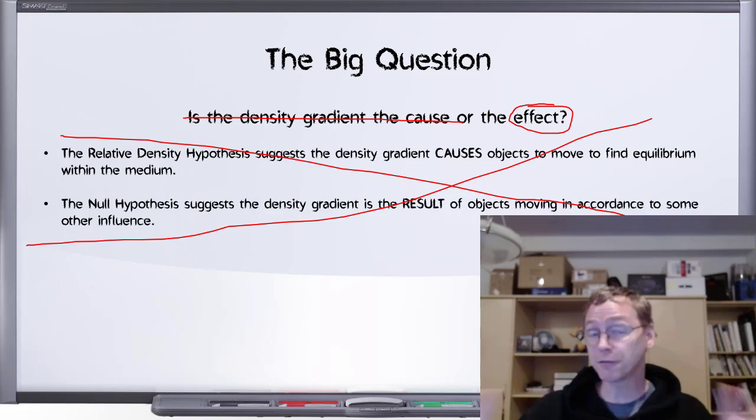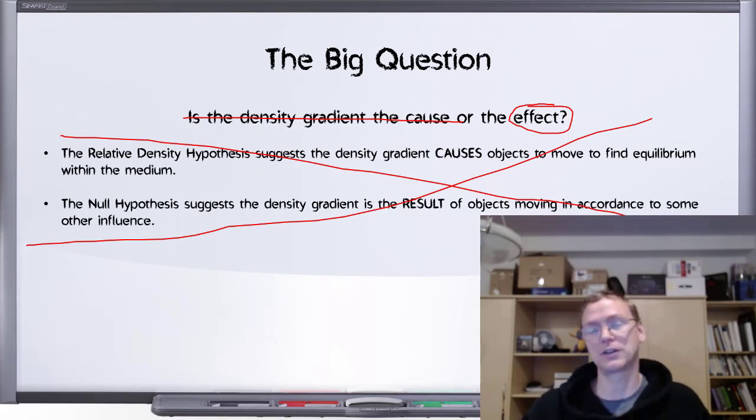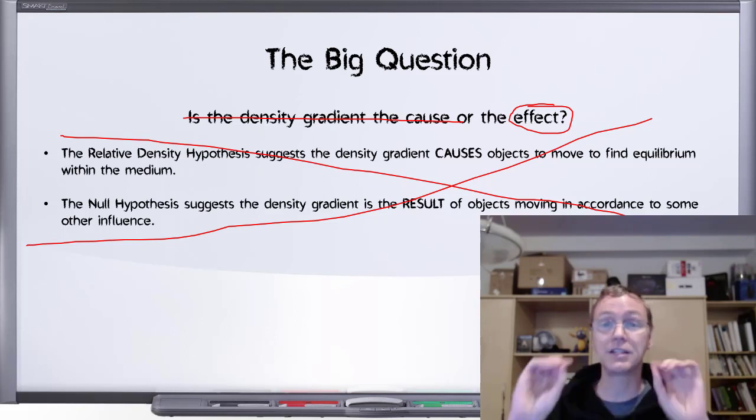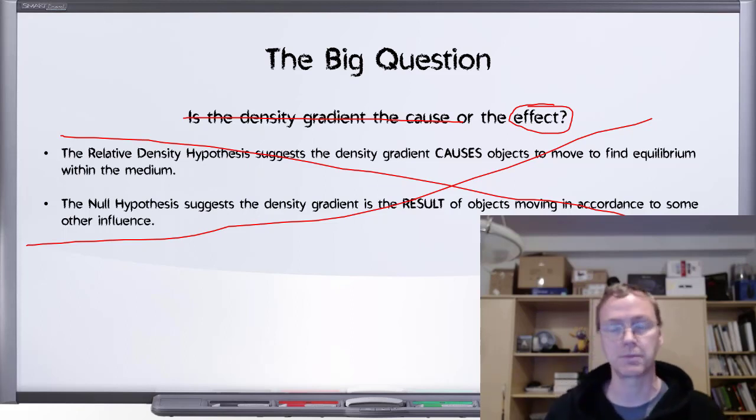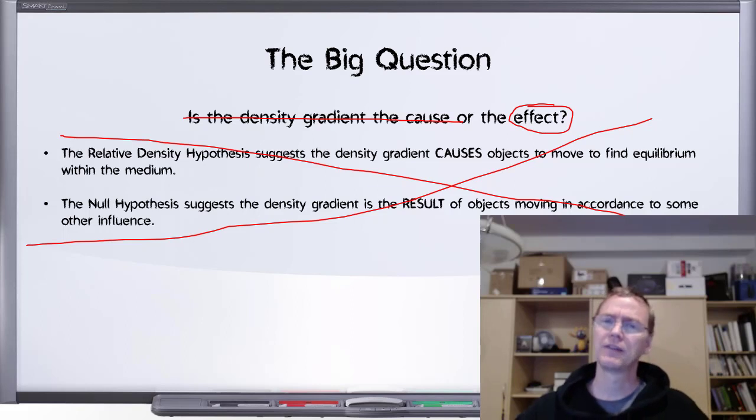If there's no difference between them, then it doesn't matter which one is correct, or we can't tell. We certainly cannot tell if there's no difference. So we have to isolate something that is a difference between the two competing ideas, and then we can test specifically for that difference. So that's what this whole exercise is about. We're trying to figure out something that's different.